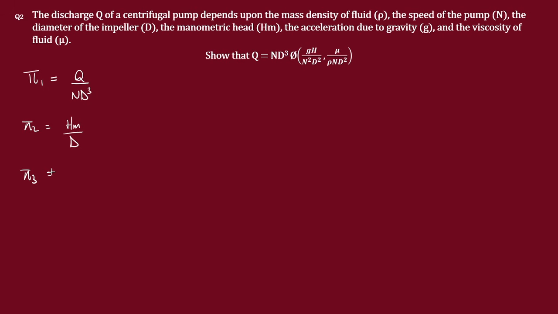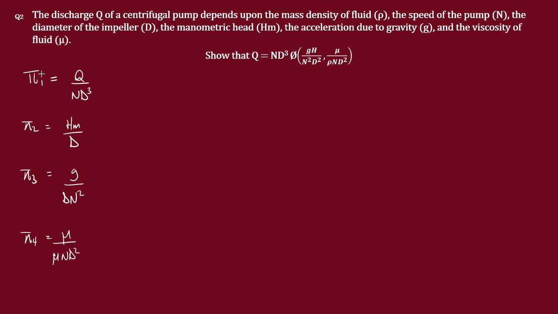Pi 3 handled our acceleration due to gravity. So that's g over d n squared. And pi 4 was what we just got for the viscosity mu. And that was mu over rho n d squared. So we have done the most complex part of our equation.